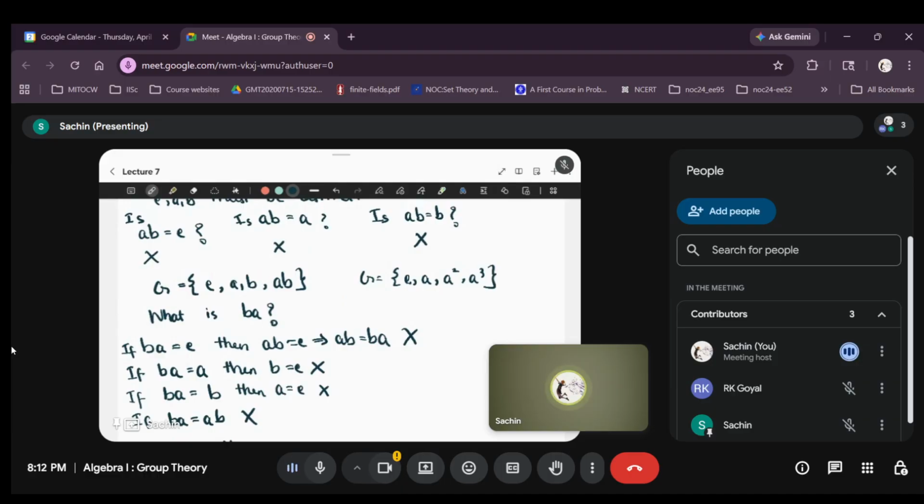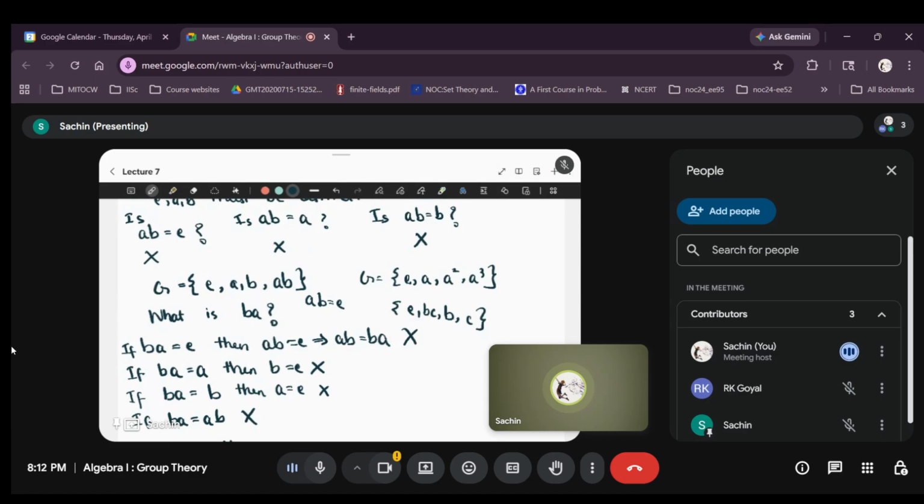Even if A and B are inverses of each other, if AB was equal to E and we had E, A, B, C, then A was actually equal to BC. So you could write this as E, B, C.